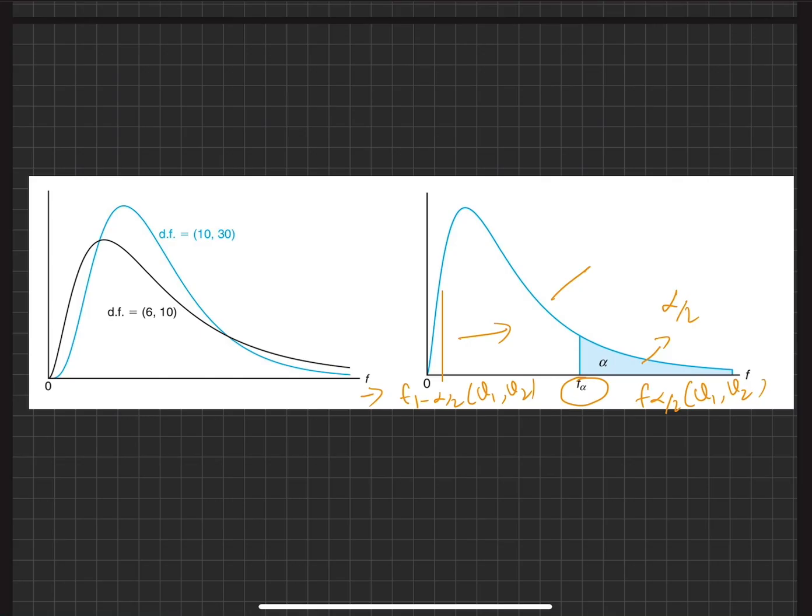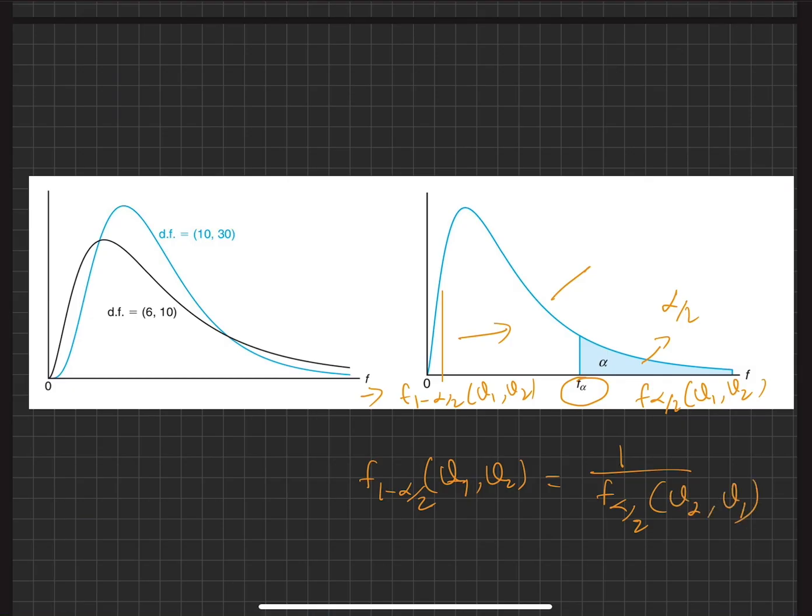There is a relation between F alpha by 2 and F 1 minus alpha by 2. F 1 minus alpha by 2 corresponding to degrees of freedom v1 and v2 will be equal to 1 over F alpha by 2 with respect to degrees of freedom v2 and v1.